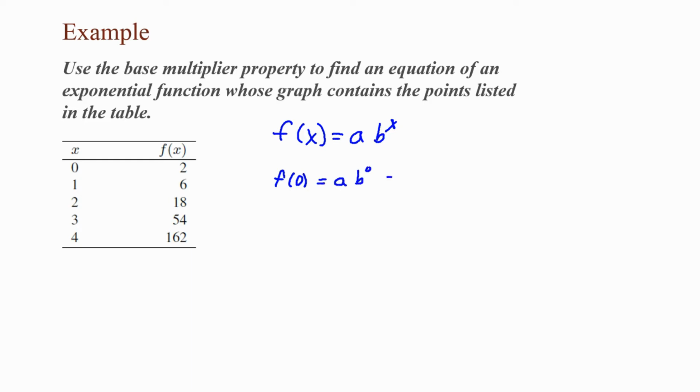B to the 0 power is 1, which is just a. Or if you remember, a is the y-intercept. So we know a equals 2.